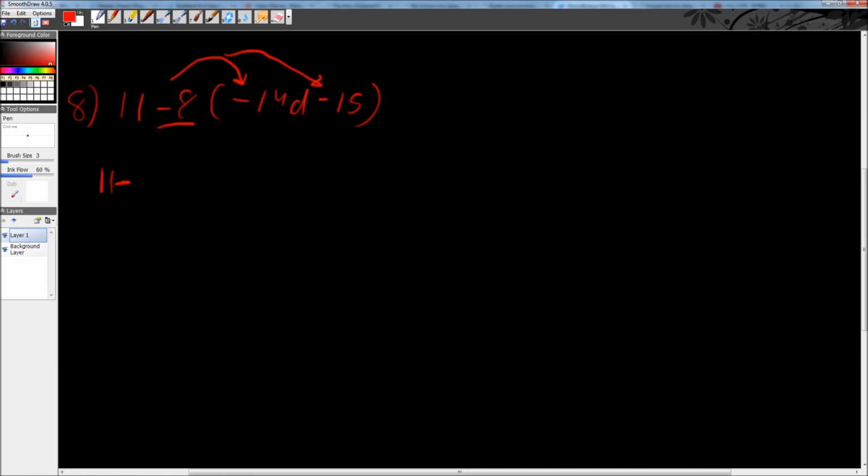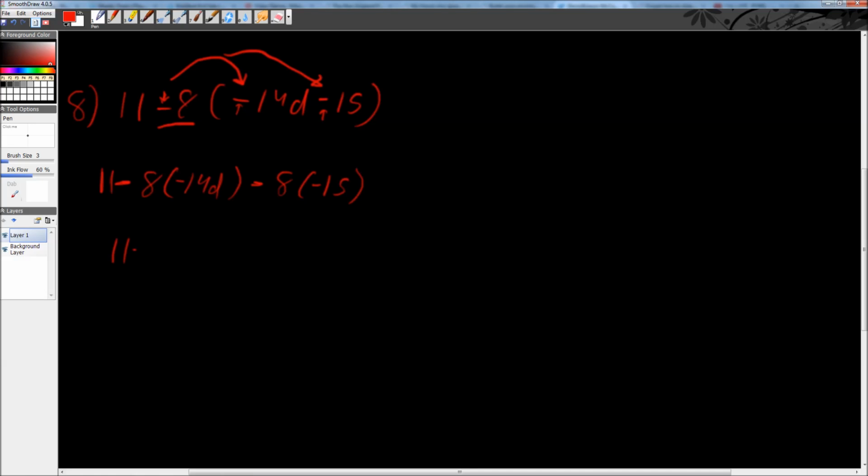So it's minus 8 times, this is a negative, so it's going to be negative 14d. We keep using a negative because we distributed a negative 8 times negative 15.